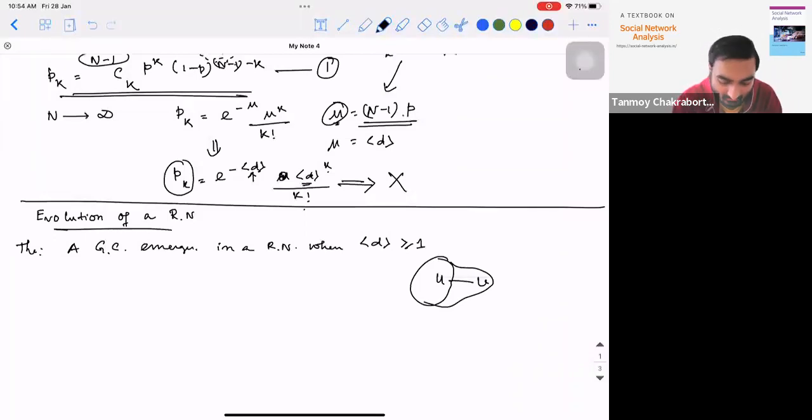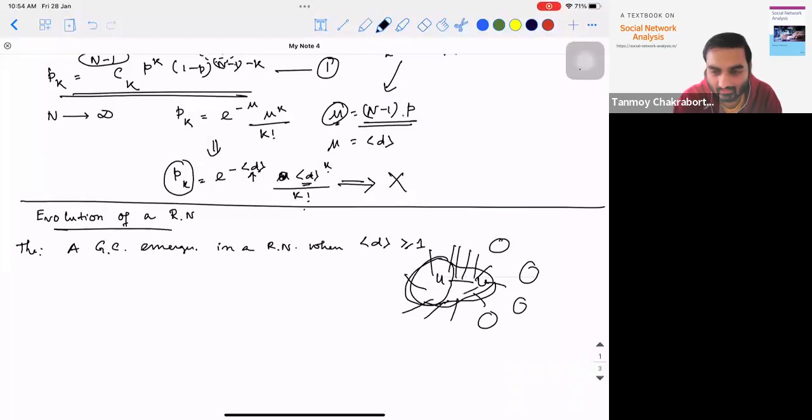Because except the giant component, the other components are disconnected from the giant component. So whatever nodes are connected with the nodes in the giant component, they are also part of the giant component. This is very important.